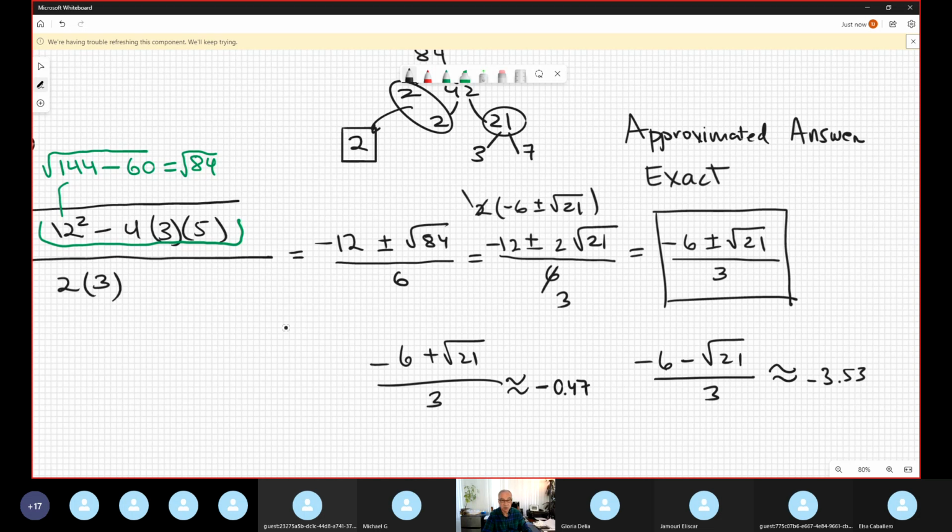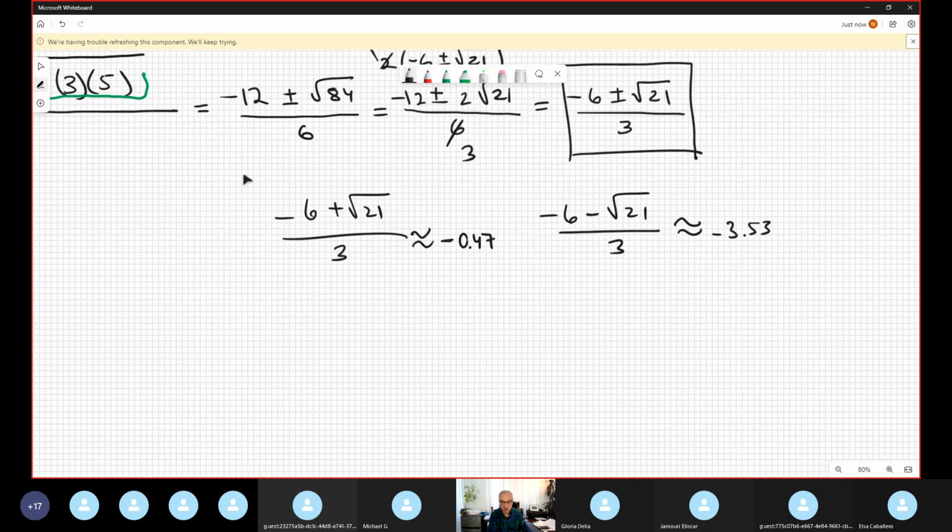Therefore, we have the parabola that opens up, no? Open up, yeah. It has to cross the x-axis in 2 points, the points are minus 0.47, 0 and minus 3.53, 0.